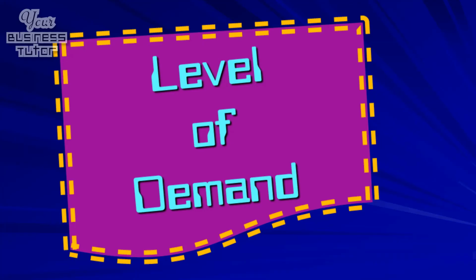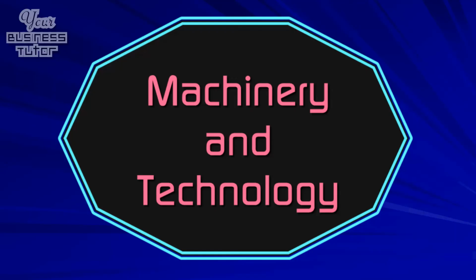Unless, of course, the level of demand for the item is low, meaning a huge investment in machinery would not be worth it. Nevertheless, even if demand for a product is high, a business will still need to consider if there is the machinery and technology in place to introduce capital-intensive methods, as without it, it would be impossible to do.